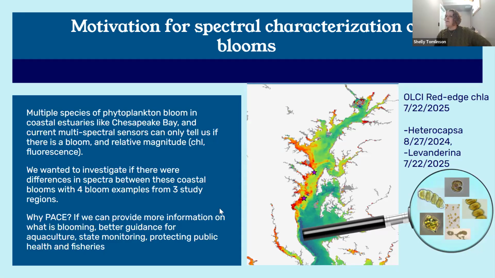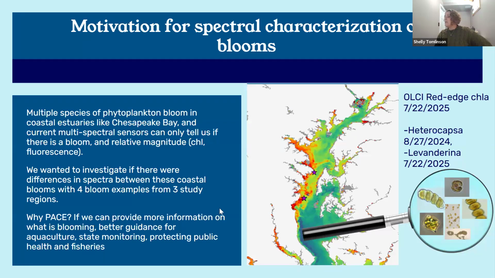So we wanted to investigate whether there are differences in the spectra of different bloom formers by leveraging the PACE data set. We chose 4 bloom examples in 3 regions: Massachusetts Bay, Chesapeake Bay, and the western coast of Florida in the Gulf.